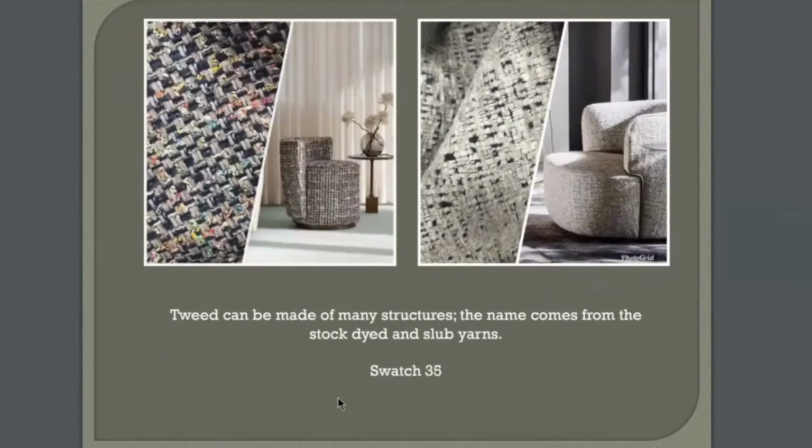An example is swatch number 35, which is what's called a tweed. That heathered, multicolored effect comes from how it was dyed, but that tweeded texture, those little slubs and nubs, comes from the yarn. Swatch 35 is made of wool, a natural fiber, so it's spun.